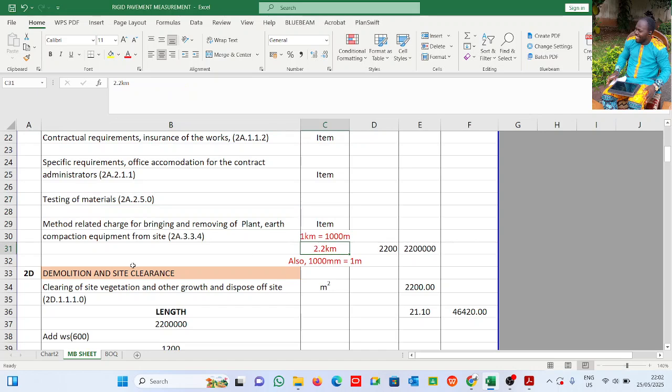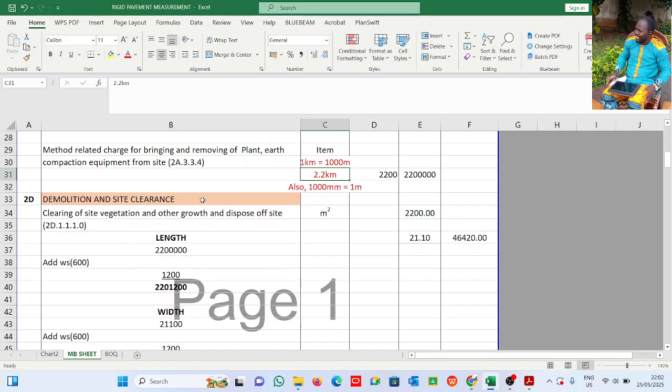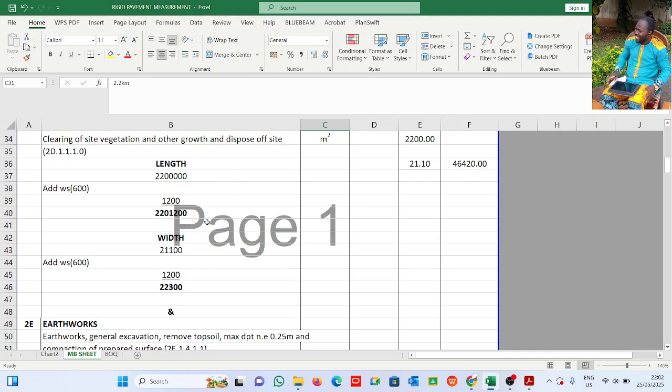For the demolition and site clearance, we have to do a complete takeoff. We have to clear the site, assuming we are going to demolish whatever is there. This also we have done in our previous video, clearing of site vegetation.